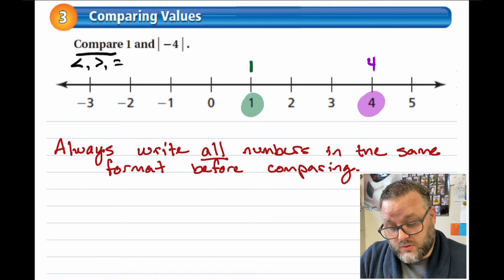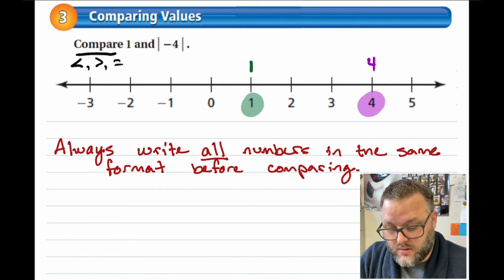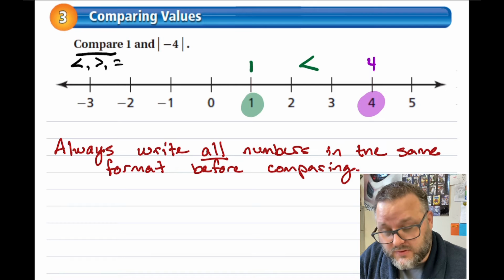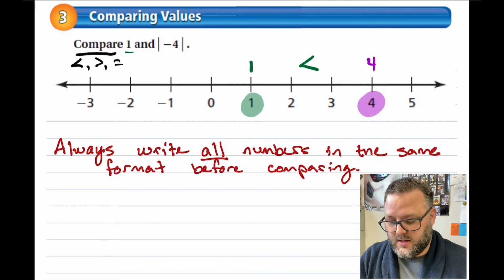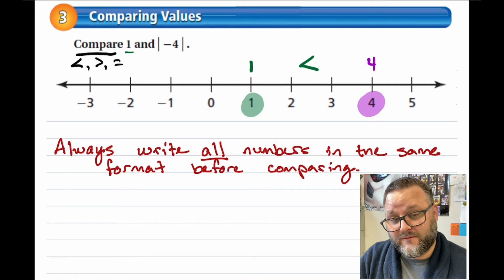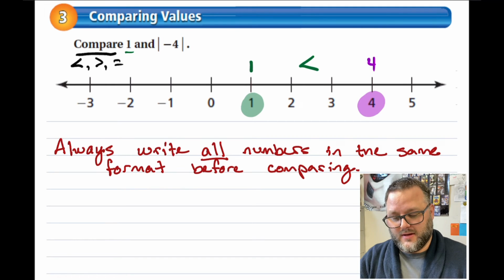So since 1 is to the left of 4, and 1 is also the first number listed here in our original question, we now have our comparison. But always write all numbers in the same format before comparing also means to rewrite your answer using the original format.